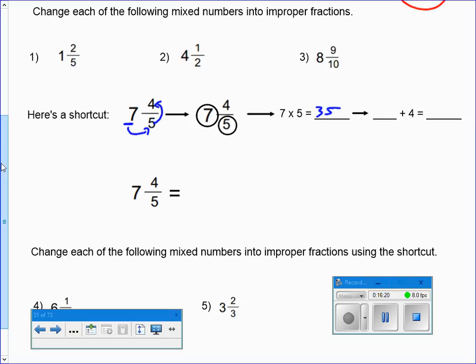That's 35. I'm going to take that 35 and add that 4 that was already on top, and I get 39. Alright, so then my improper fraction would be 39 over 5.